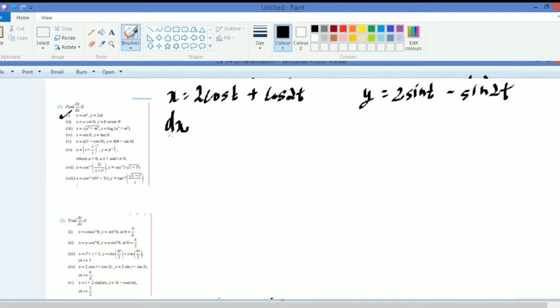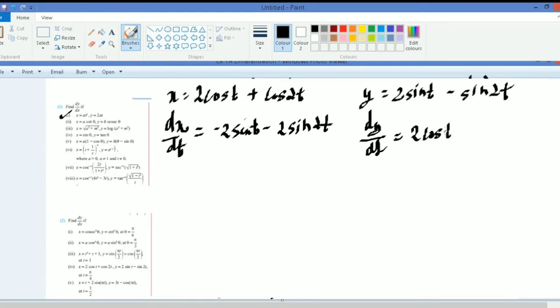Now if I differentiate x with respect to t, I get dx by dt equal to minus 2 sin t minus, now the derivative of cos 2t is minus sin 2t, but there is an additional 2 from the derivative, so minus 2 sin 2t. Similarly, dy by dt will be equal to the derivative of sin t, which is cos t, so 2 cos t minus the derivative of sin 2t, which is 2 cos 2t.